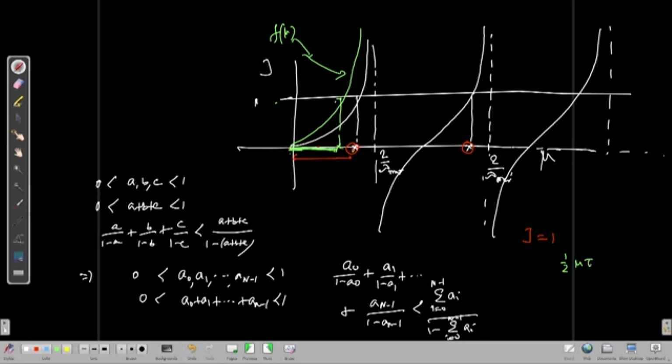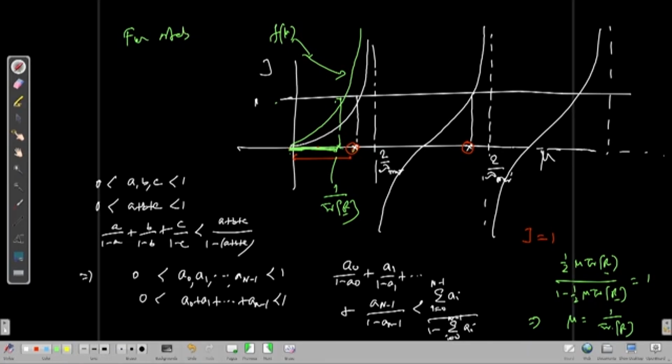Half mu trace R by half mu trace R. If that is equal to 1, then this will basically be mu equal to 1 by trace R. So, this point is 1 by trace R. So, for convergence, for stability, we need mu less than 1 by trace R. This zone.